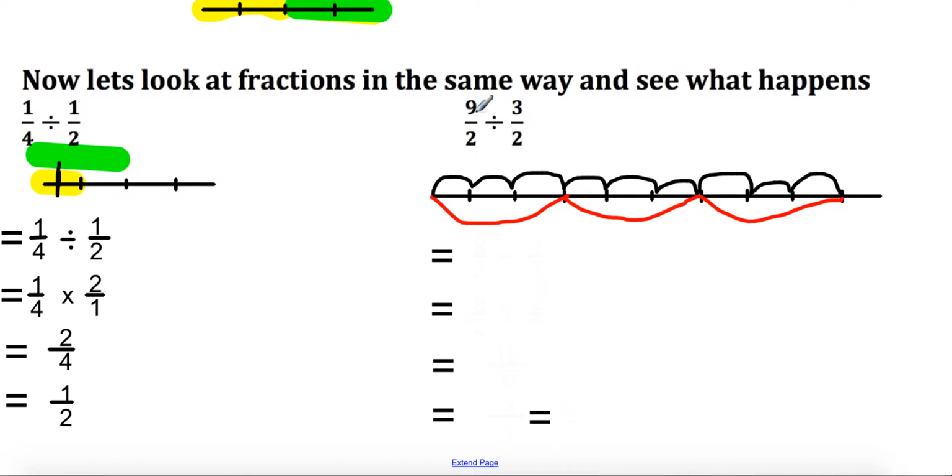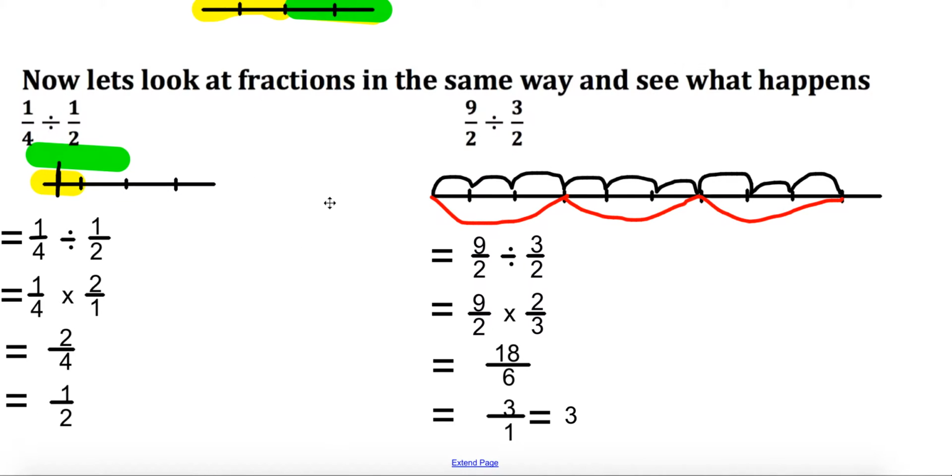So 9/2 divided by 3/2 is equal to 3. Okay, so when we're looking at the math again, 9/2 divided by 3/2. If I do the same thing I did over here, 9 times 2 is going to be 18 over 6. That reduces to 3 over 1, which is 3.